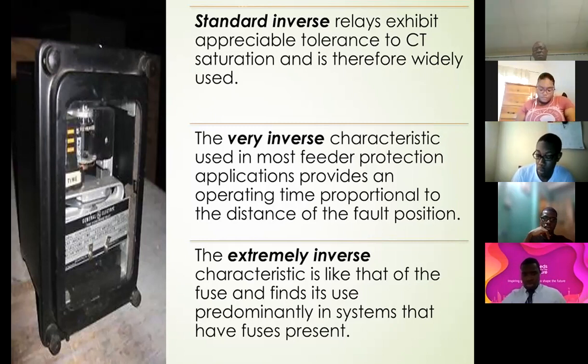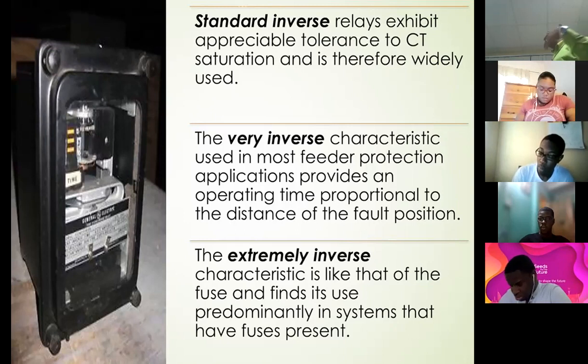For your very inverse, using feeder protection, it allows you to have an operating time which is proportional to the distance of the fault position. So we talk now about a feeder, because primarily radial feeders would have a source point.